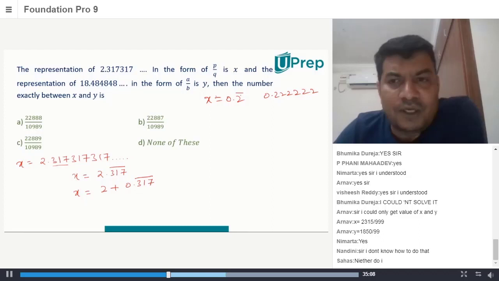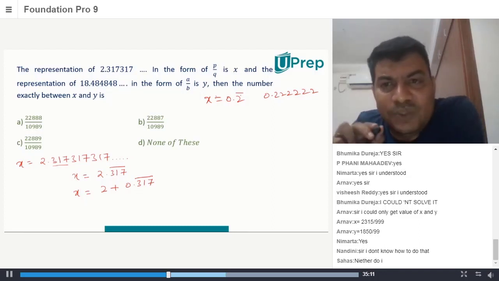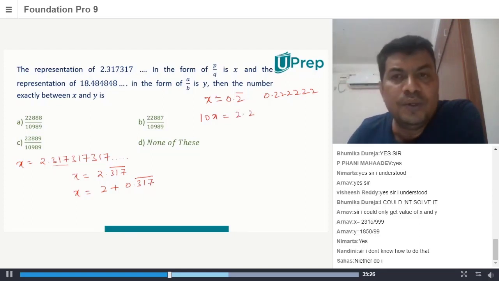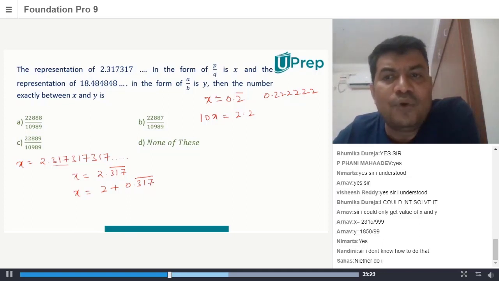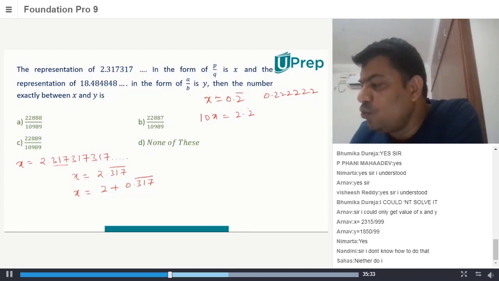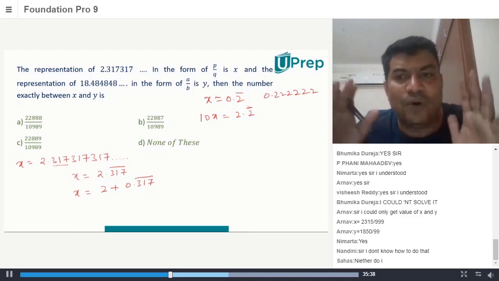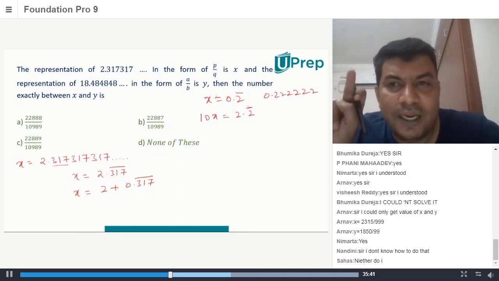x is equal to 0.2 bar. What we do is multiply this by 10. I'll show you why we multiply. So 10x is equal to, if you multiply this by 10, 0.22222 will become 2.22222, so it becomes 2.2 bar.